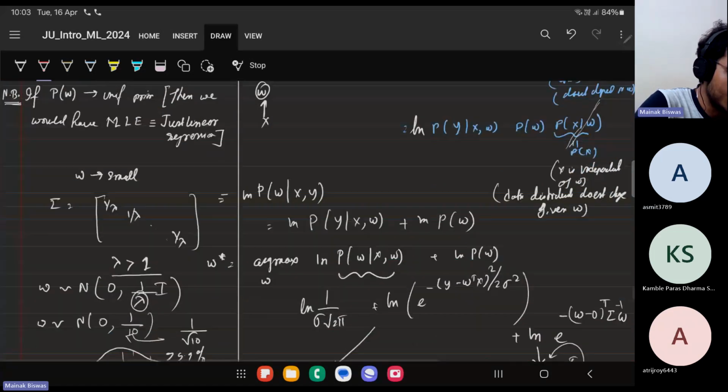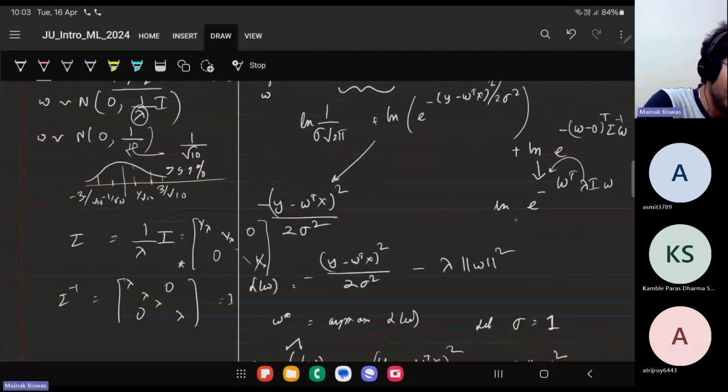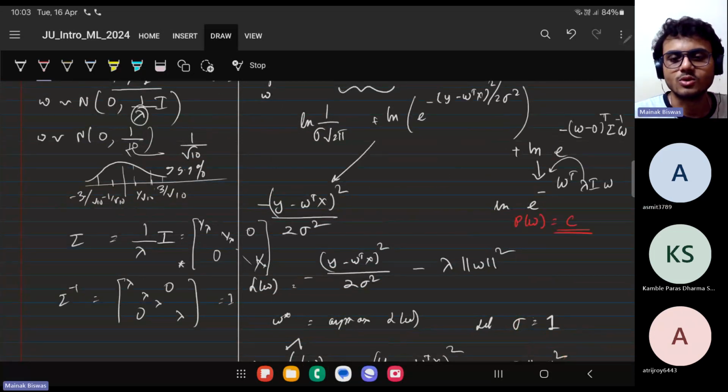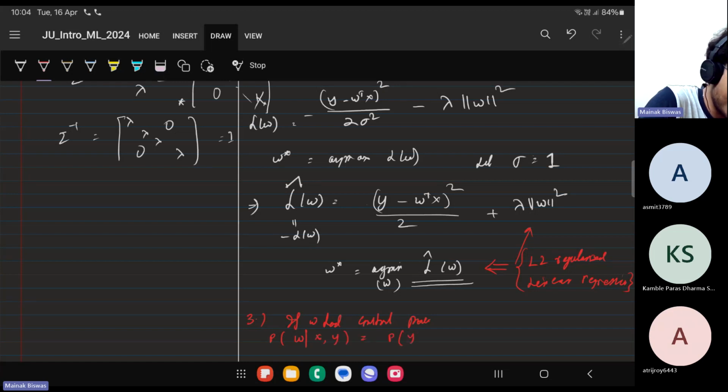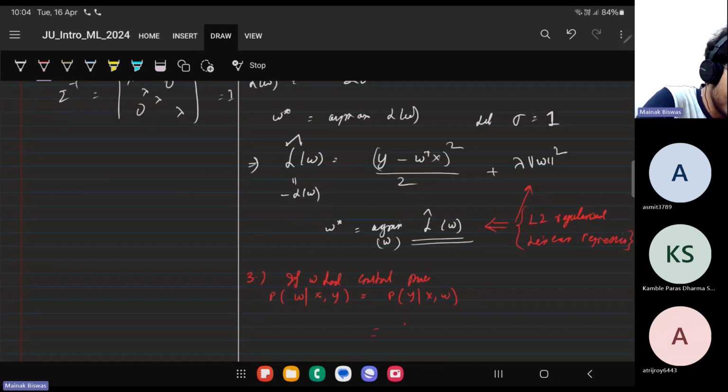do not assume, so if I take priors P of W to be constant, then this will go away. See, if W had constant priors, P of W given x comma y would have been nothing but P of y given x comma W, L cap of W is equal to the squared error, y minus W transpose x squared by 2.